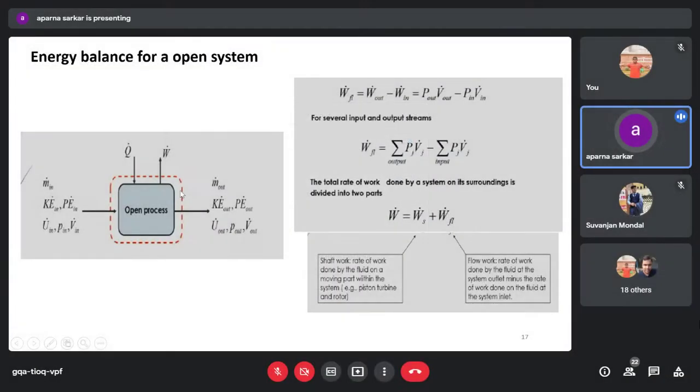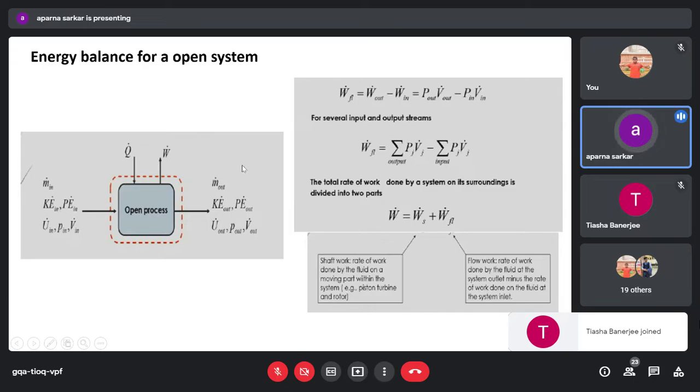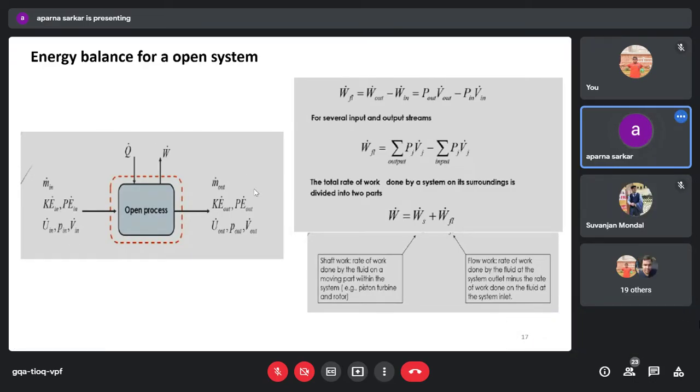But in an open system, other than these changes, an additional change we can see is pressure and volume.